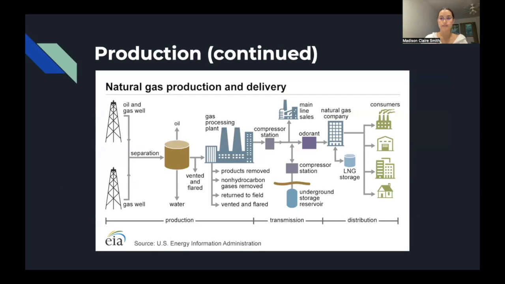So here is an image of how natural gas is produced and delivered from the oil and gas wells all the way to the consumer. Natural gas contains contaminants and hydrocarbon gas liquids, HGLs, that must be removed before the natural gas can be safely delivered to high pressure, long distance pipelines that transport natural gas to consumers.